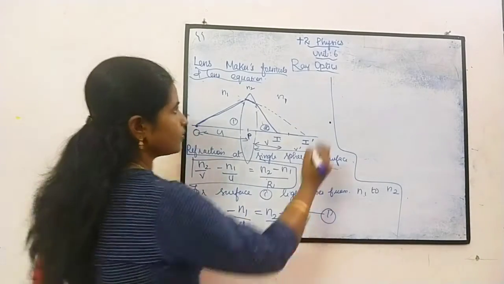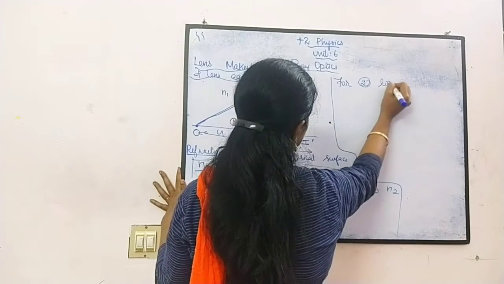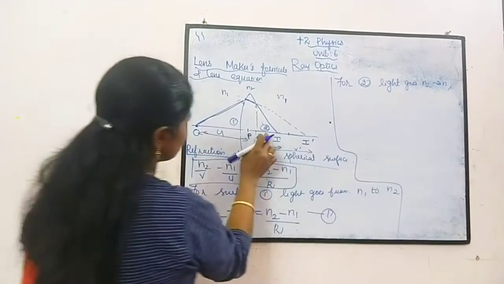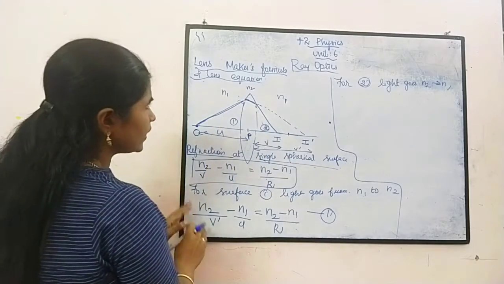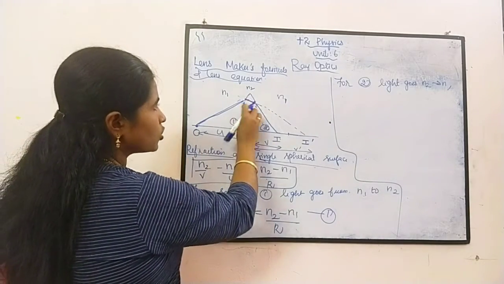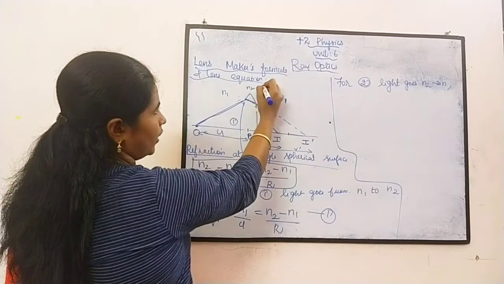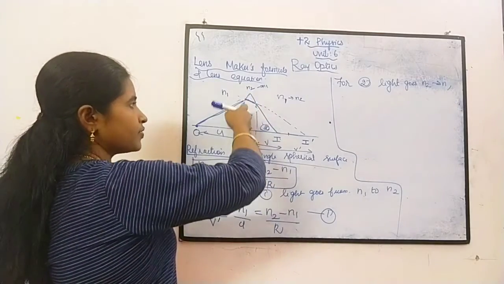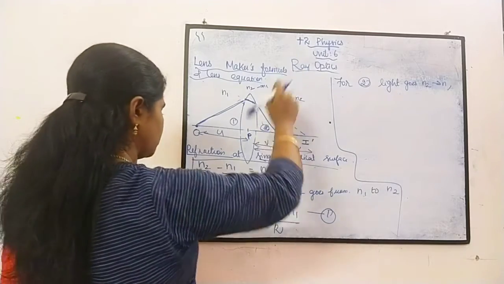Similarly, for surface 2, light goes from n2 to n1. Please understand this carefully. Here n2 is now the first medium and n1 is the second medium, so I take n2 by n1 and n1 as n2.